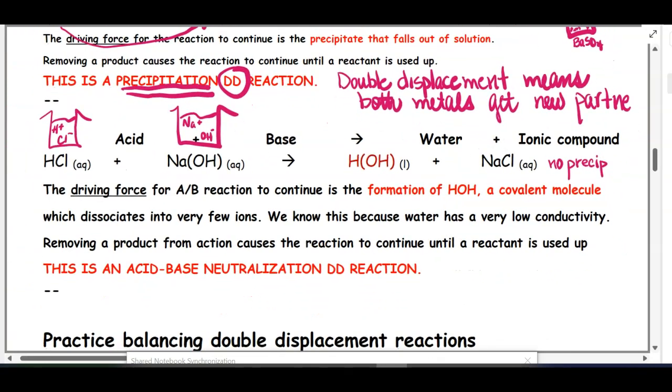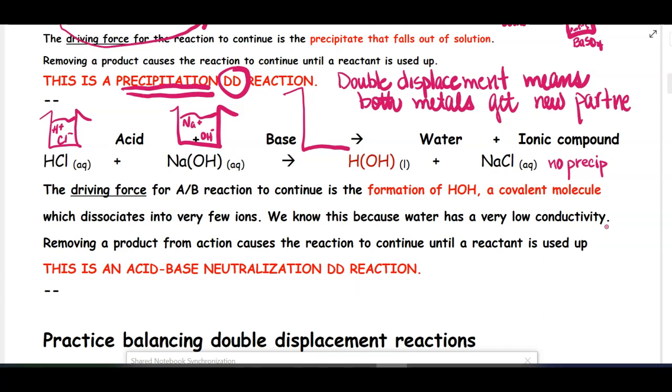Okay, so here we got this. And then let me make the double wide product beaker. It's going to have HOH in it, which is not going to fall apart, and then NaCl, Na plus Cl minus.